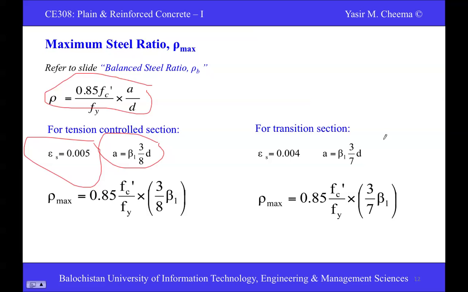These are the values that you can find using the similar triangles concept. Putting all these values for tension controlled and for transition, you can find the rho maximum. So what is the maximum? Rho maximum. I will tell you, is the rho balanced?